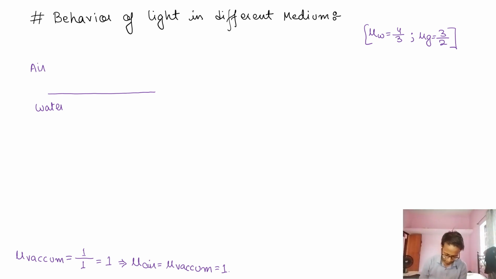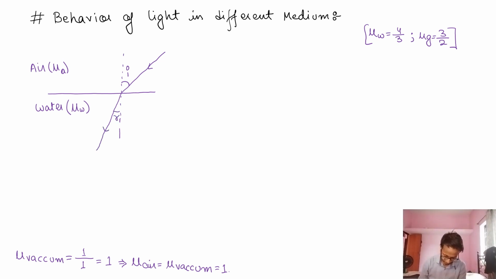Suppose there is water which has a refractive index of mu w, and there is air which has a refractive index of mu air. Mu of air is equal to mu of vacuum, which is equal to 1. A ray of light travels towards the surface; there is a normal, and this is the angle of incidence. The refracted ray will bend towards the normal.